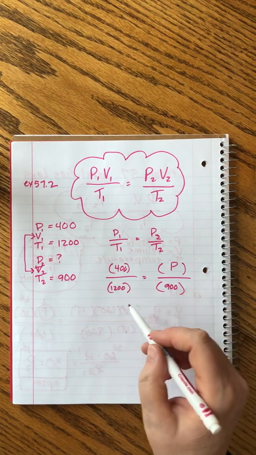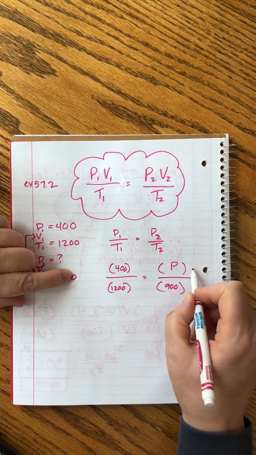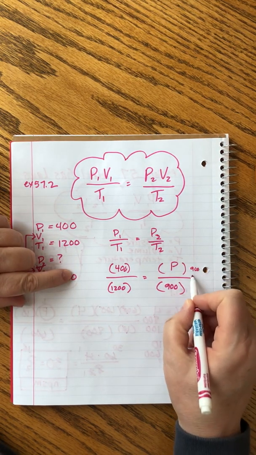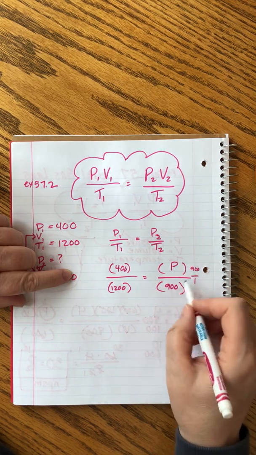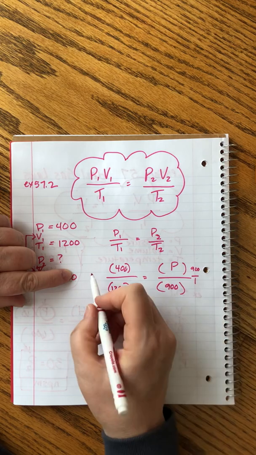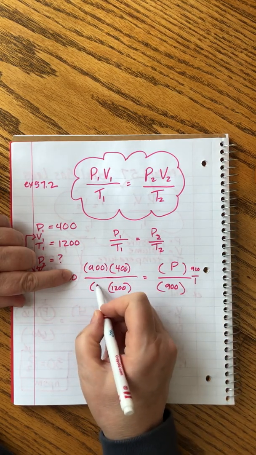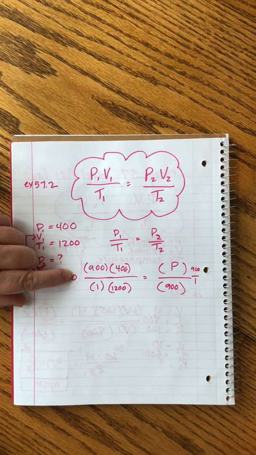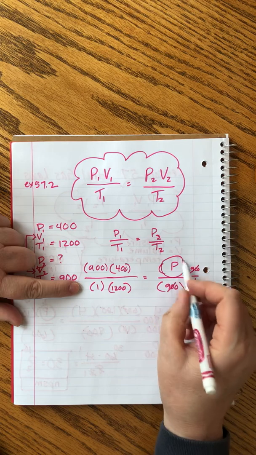So I could cross multiply, but then I'd have to do dividing. So what I'm going to do is I'm going to multiply this side by 900 over 1. That's the reciprocal of this, right? Those will cancel. This will be fine. And so I have to do the same over here. 900, and I'll put the 1 there, but that's not really even necessary, is it? So these are equal. These cancel. P is by itself.